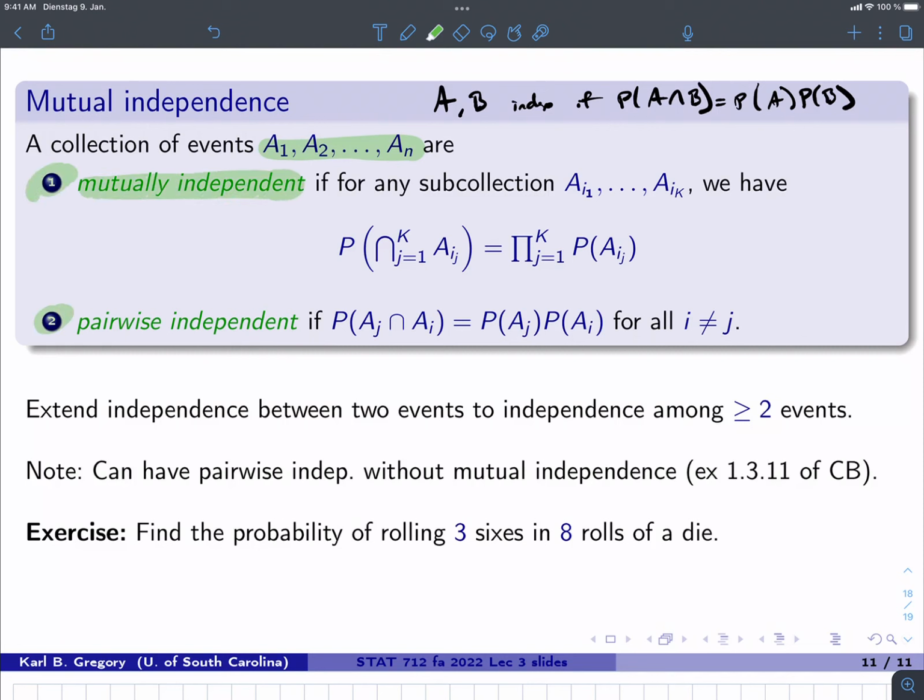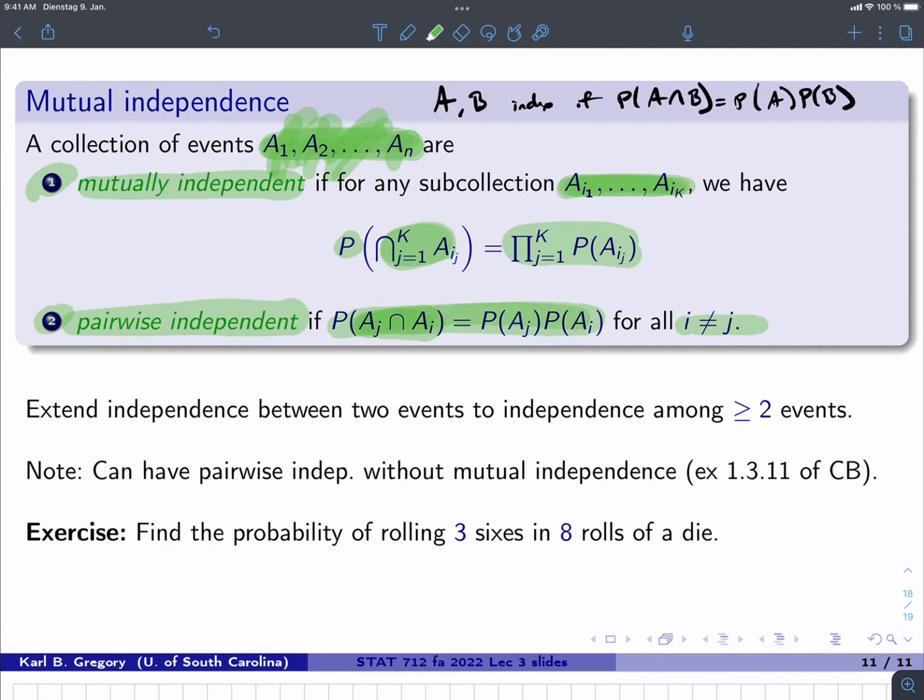Mutual independence of a collection of events means for any sub-collection, so any subset of these events, if I compute the probability of their intersection, I get the product of the probabilities. A weaker version of independence among a bunch of events is pairwise independence. That means any 2 events I have will satisfy the definition of independence for 2 events.